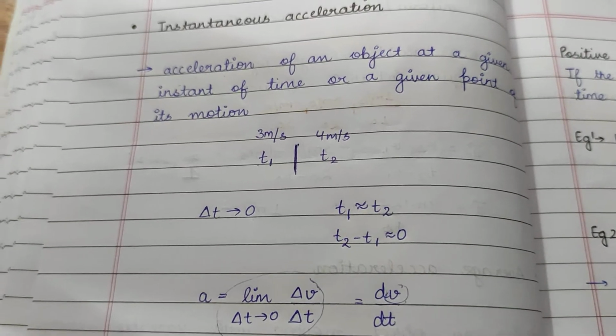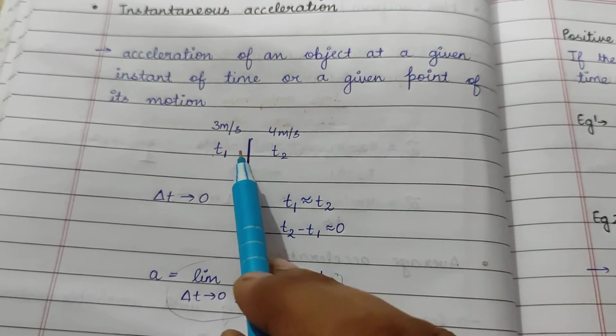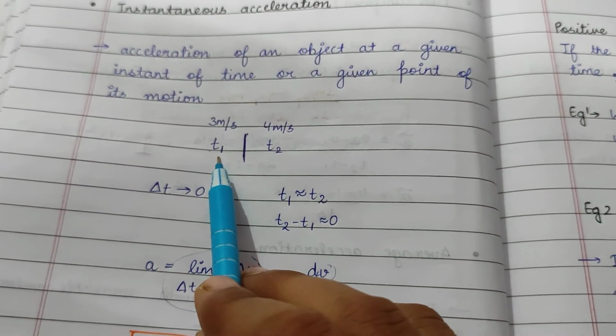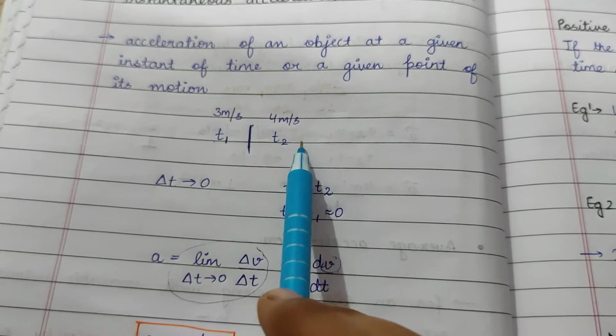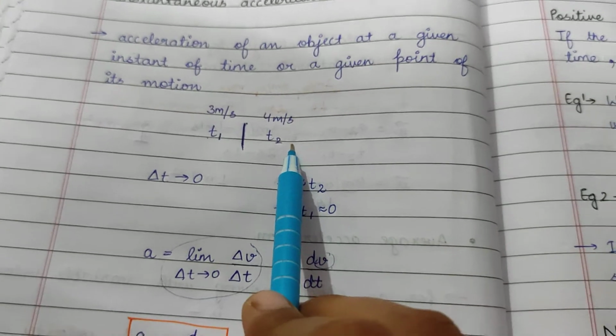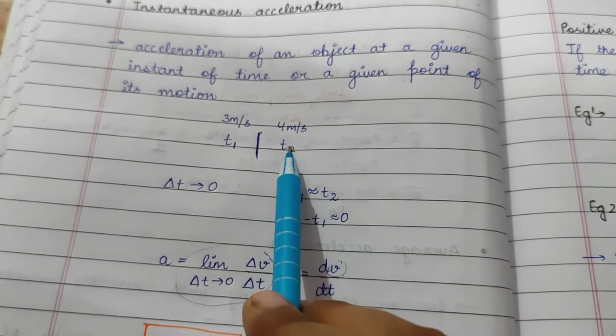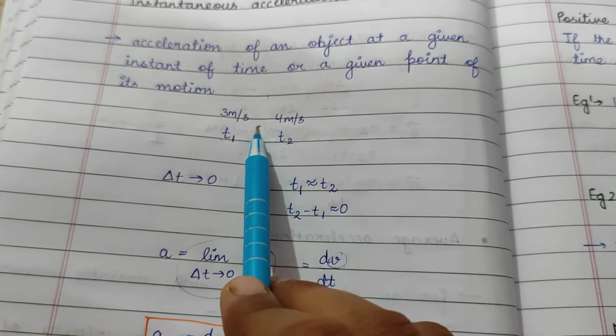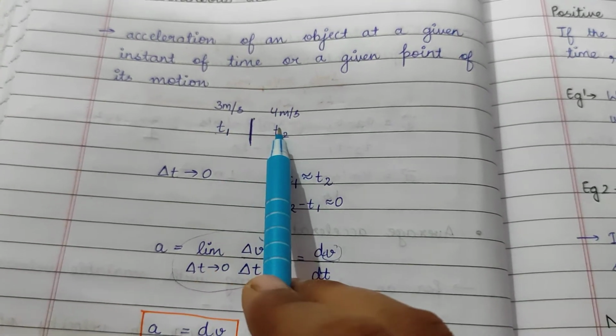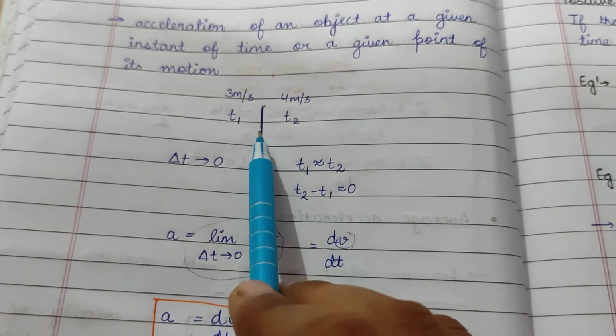Now let us assume an example. Suppose at instant t1 the velocity of an object is 3 meter per second, and at instant t2 the velocity is 4 meter per second. Now let us assume a time in between t1 and t2 which is very small.